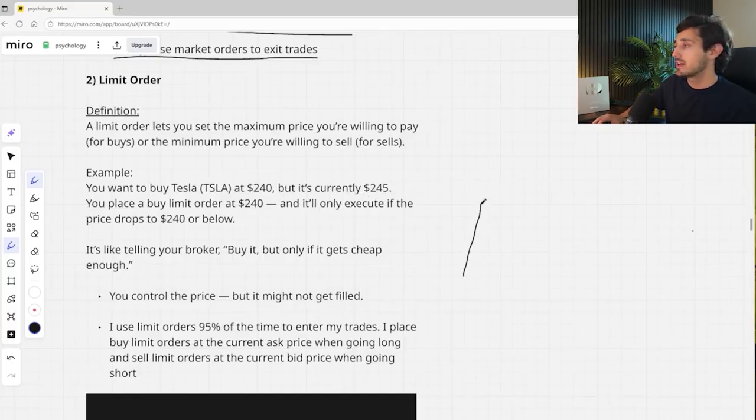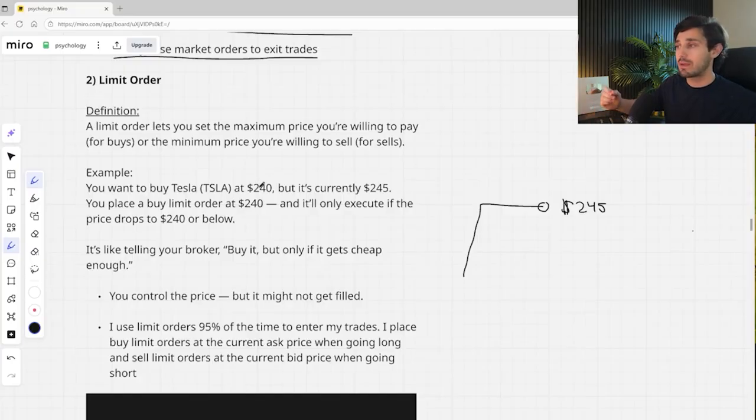So let's say Tesla is basing, and right here, it's $245. Okay, great. However, you think that's a little bit too expensive. You don't want to pay $245 for your shares of Tesla. You want to pay $240 or less, right? You don't want to pay anything more than $240.